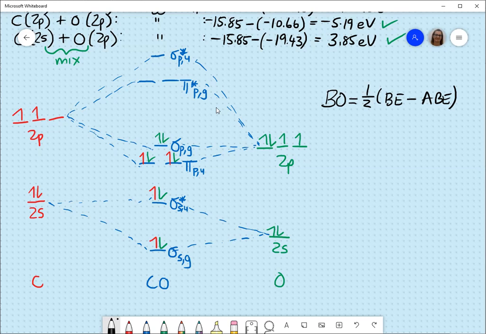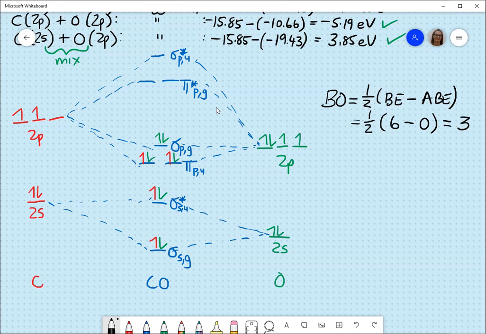So let's just work with the 2p section, the 2p atomics and the pi and the sigma p orbitals. So if we have a look here, it's 1/2. How many bonding electrons do we have? Well, we have 2, 4, 6. How many anti-bonding electrons do we have? We have none. So that means that the bond order is 3.